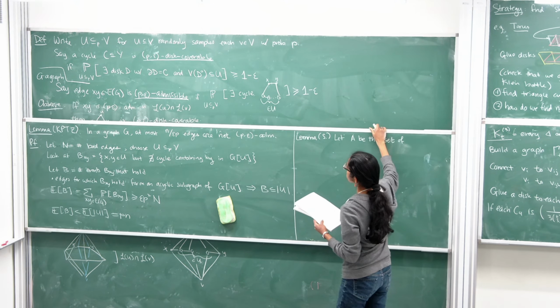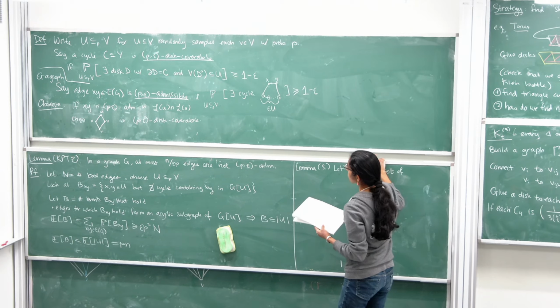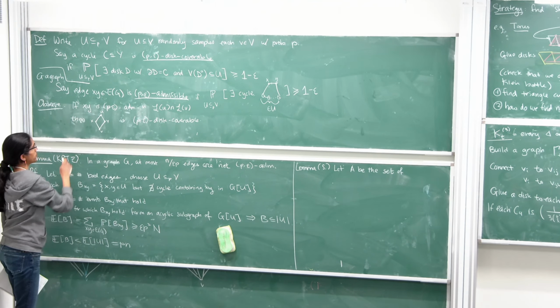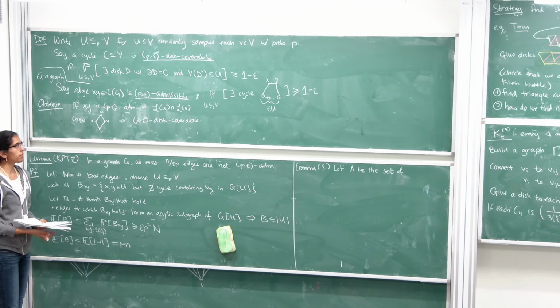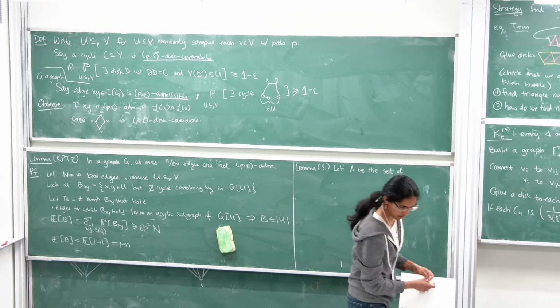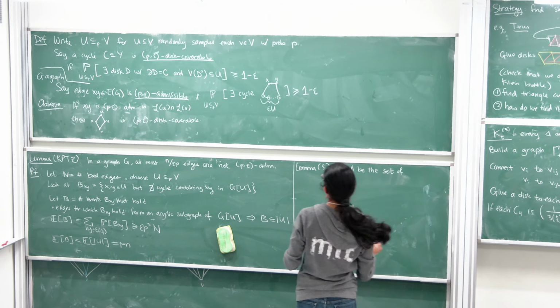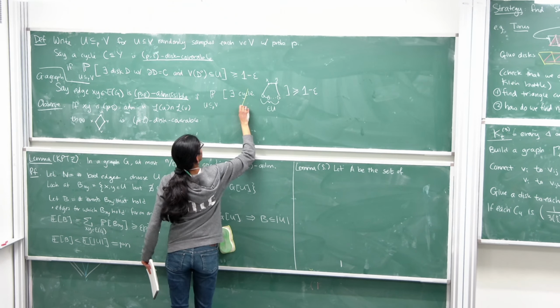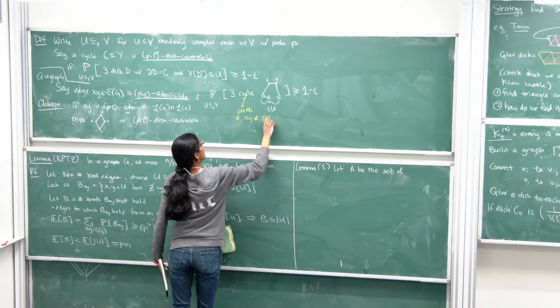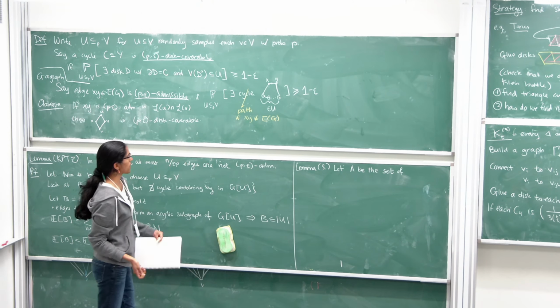Oh, actually, I should first say, if X and Y are disconnected, then this definition is the same thing, except instead of cycle, we get a path, if XY is not an edge.